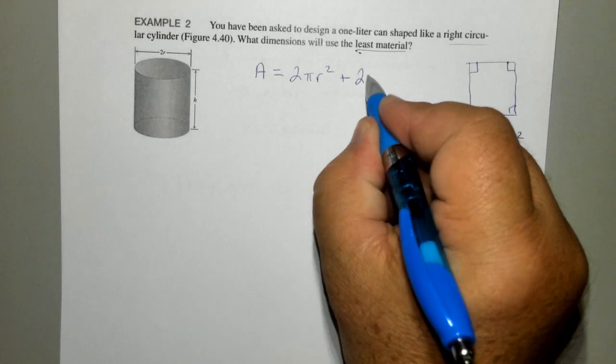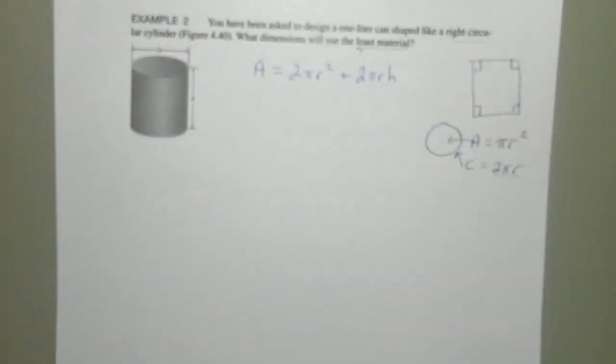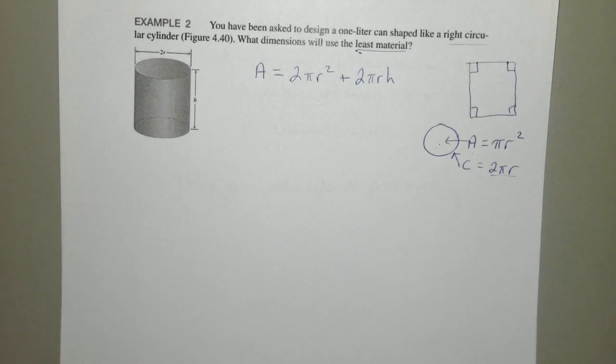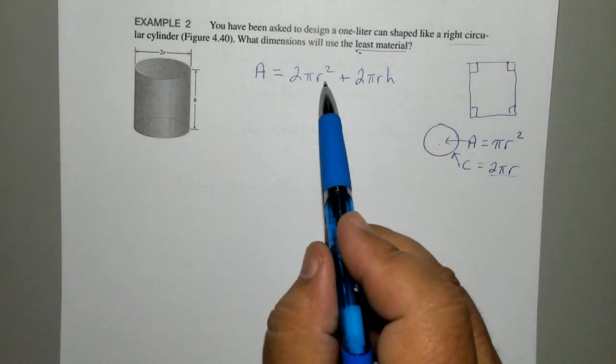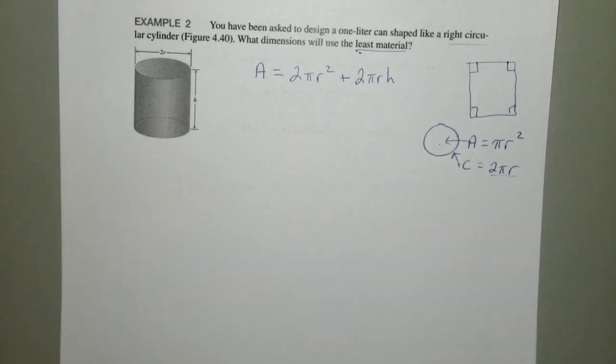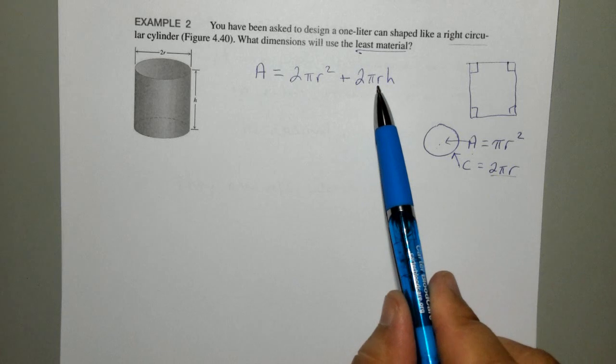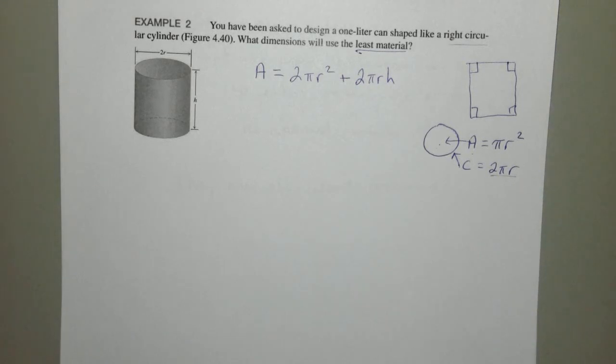So this one's going to be 2 pi r h. So the area of this cylinder is the top and bottom, 2 pi r squared, and then the skin of the outermost of the cylinder is 2 pi r h.